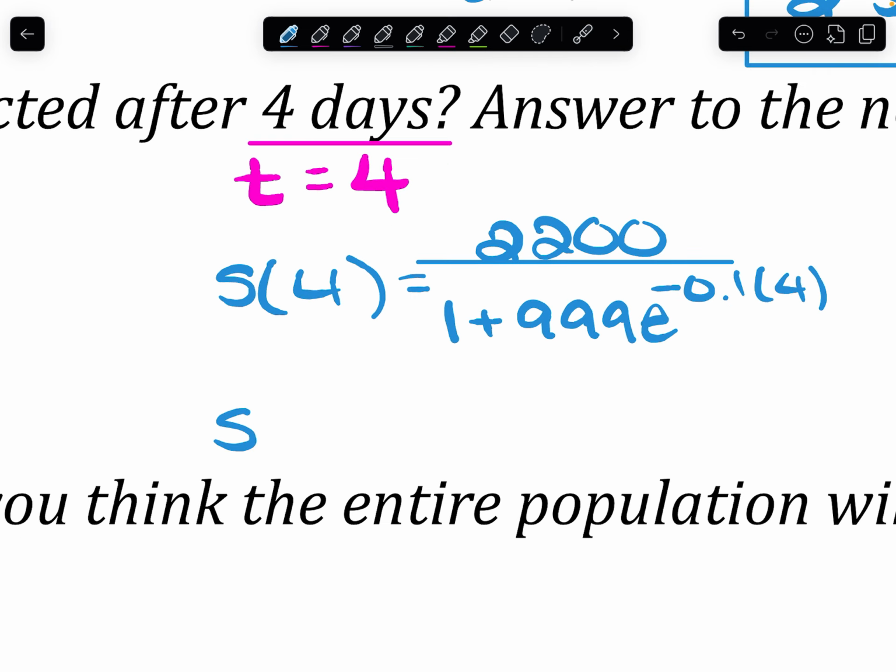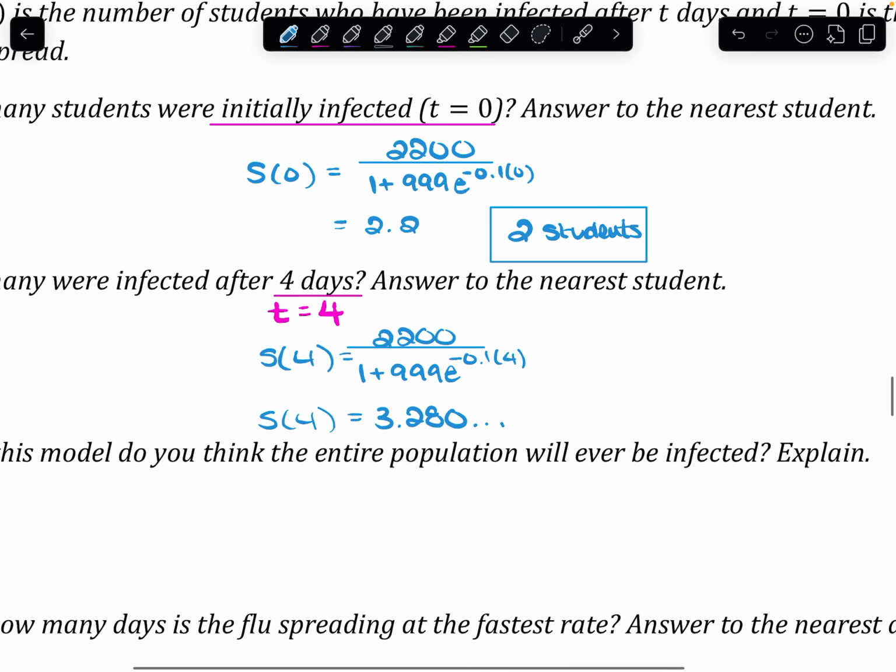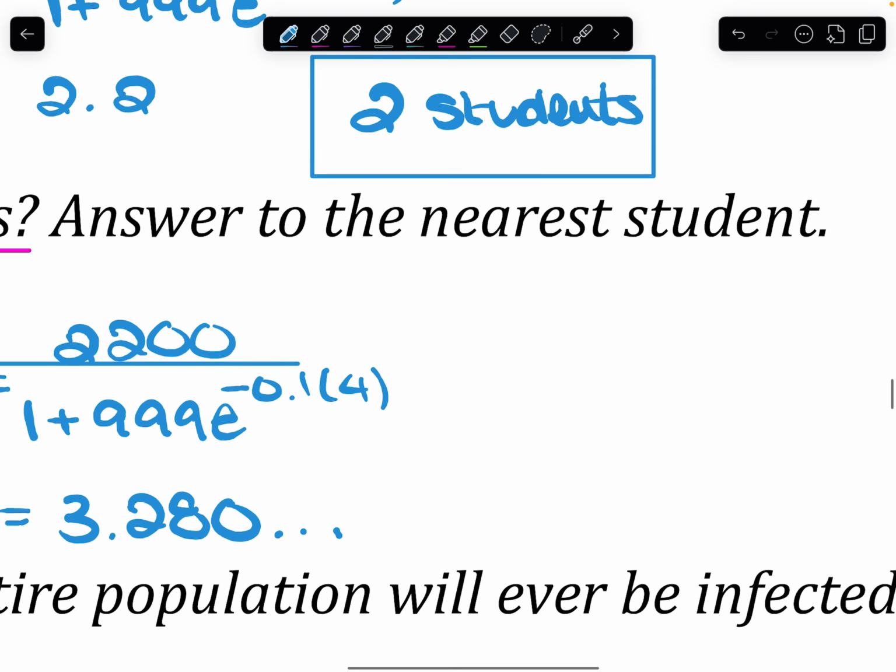And from our handy dandy little calculator, we get 3.280. Go reread. Answer to the nearest student, 3.2 would be 3 students.